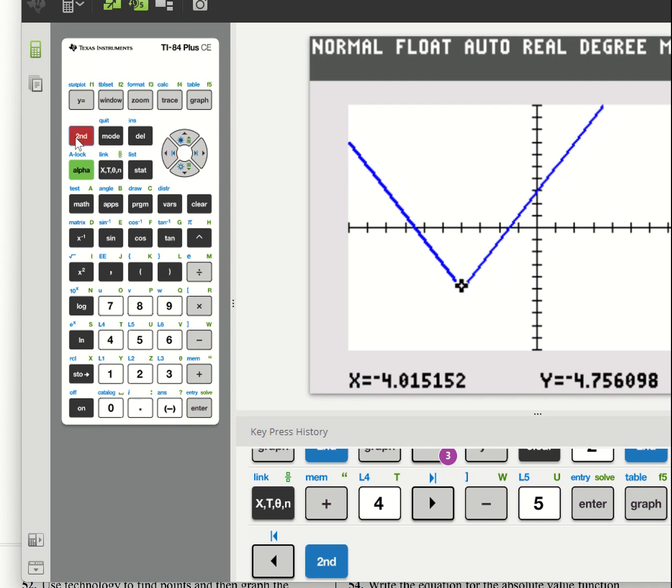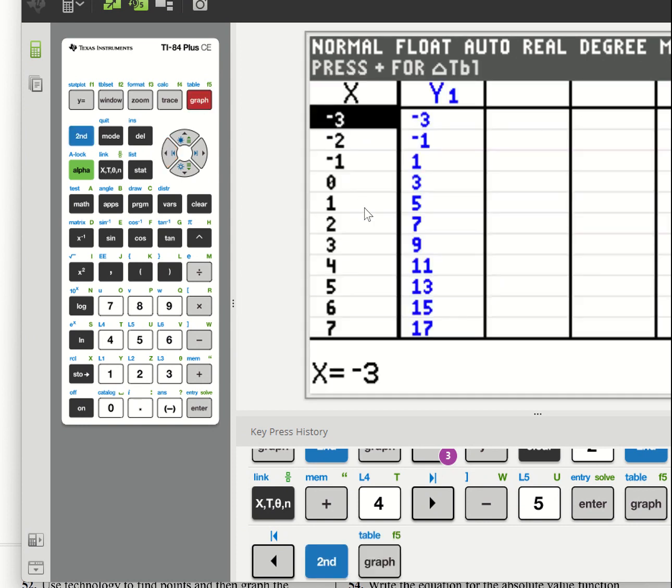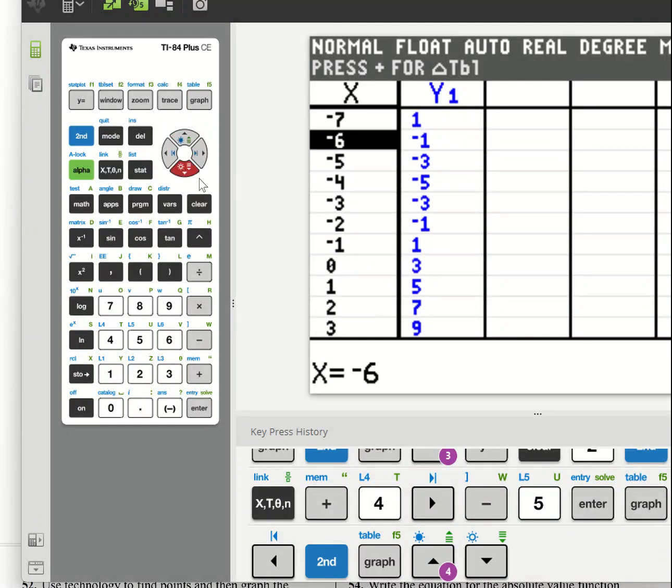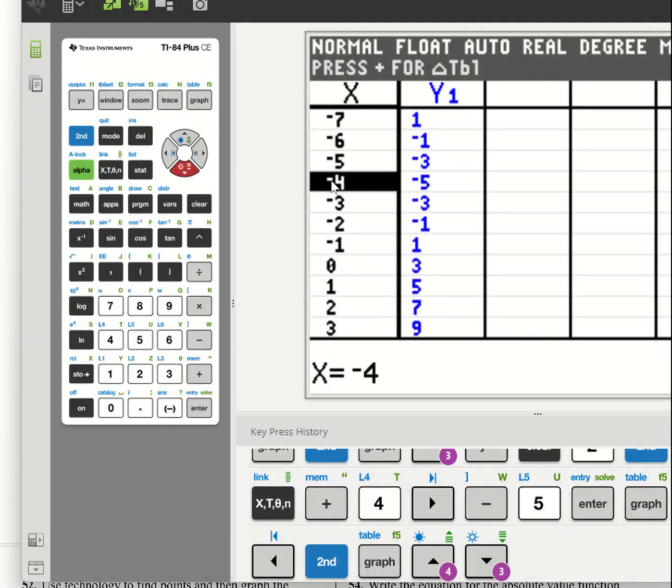So when I go to my table, which is second graph, I'm going to go to x is -4, and I'm going to plot the points, the point of the vertex, -4, -5, and I'm going to plot 2 above it and 2 below it. And what I mean by that is in the table. So I'm going to do -4, -5.